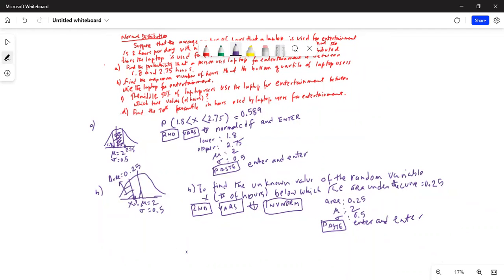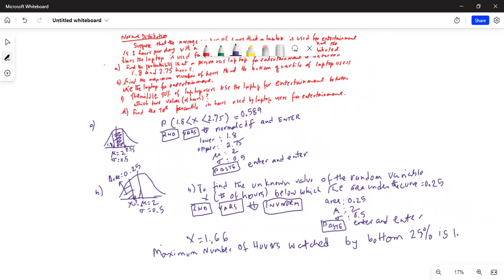And the answer is x is 1.66. So the answer to part B, the maximum number of hours watched by the bottom 25%, is 1.66.